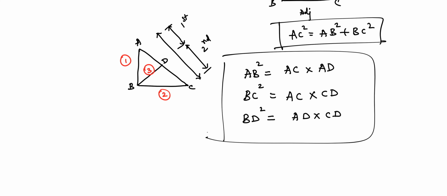Based upon these conditions you will be solving the problems, and this topic you will get in the chapter triangles, topic areas of similar triangles. You remember, right? Area of triangle ABC by area of triangle DEF equals BC square by EF square. We used to prove that, right? So these formulas are related to that topic. So I want you to solve the problems based on your first exercise, BPT. First exercise problems are important from the chapter triangles.